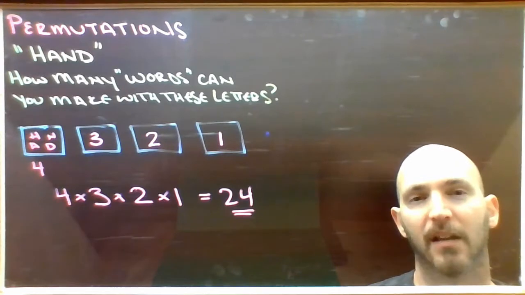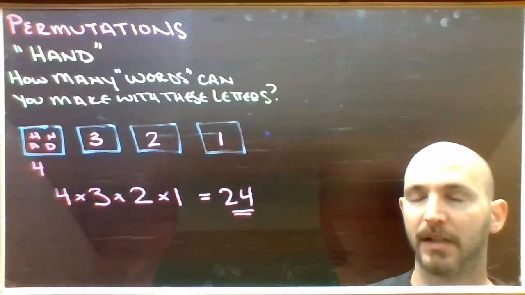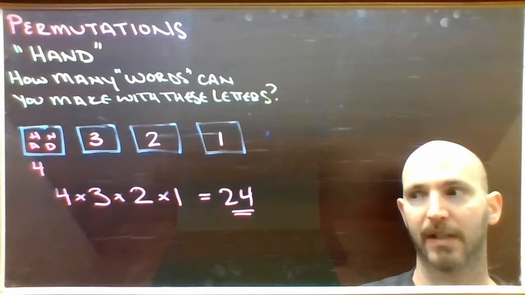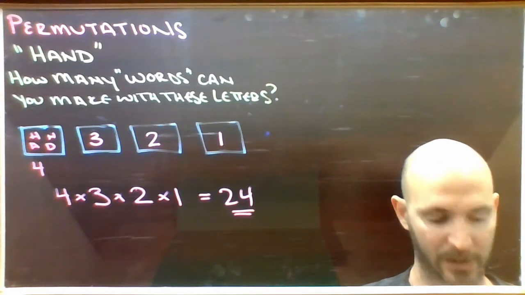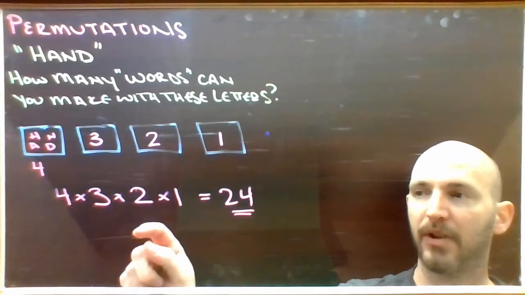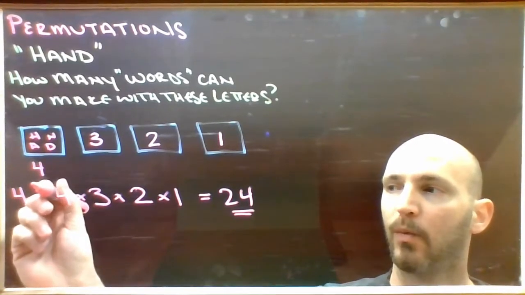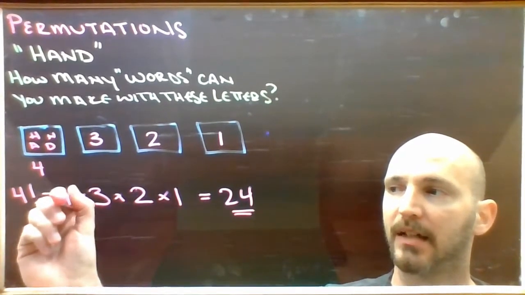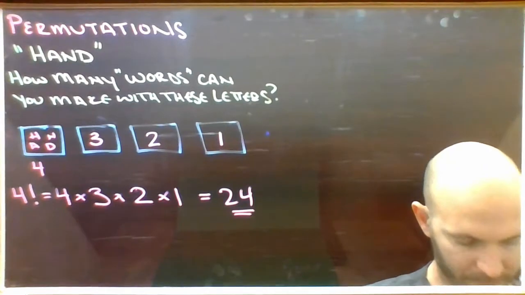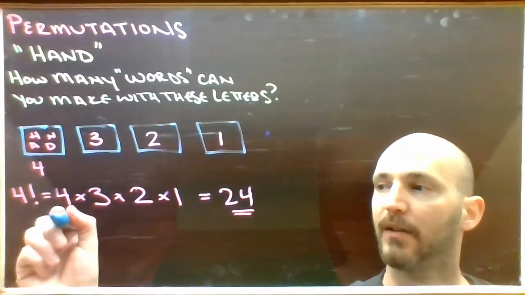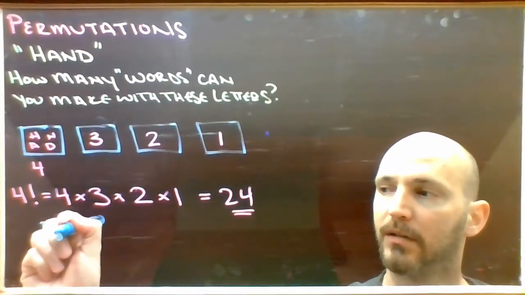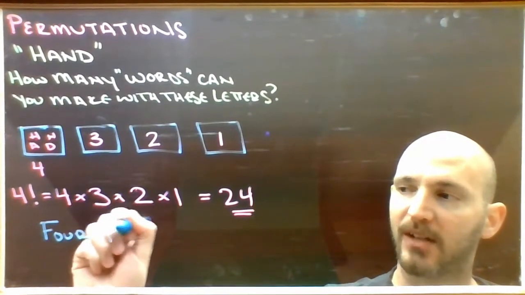So this operation, because it's so common, it gets its own button on your calculator and its own function. So we would abbreviate this as a 4 with an exclamation point at the end. And you would call that 4 factorial.